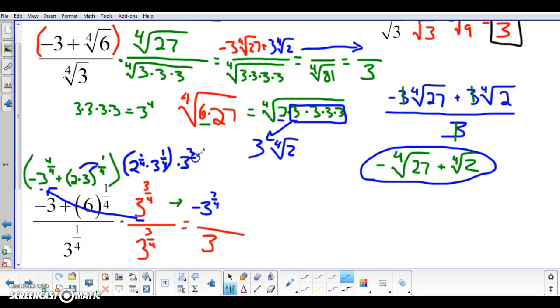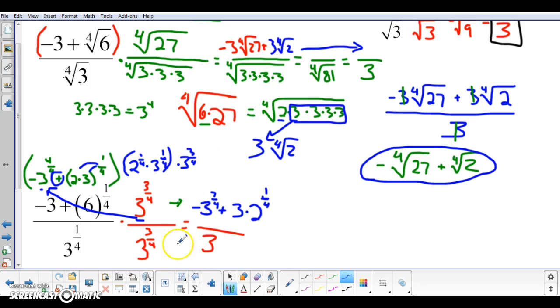Now since it's multiplication, there's no distribution here. So 3 to the 3/4 is going to multiply times 3 to the 1/4. Add these exponents together, 1/4 and 3/4 makes 1. So I got 3 to the first. Now I'm adding these expressions, so I put plus 3 to the first times 2 to the 1/4 power.